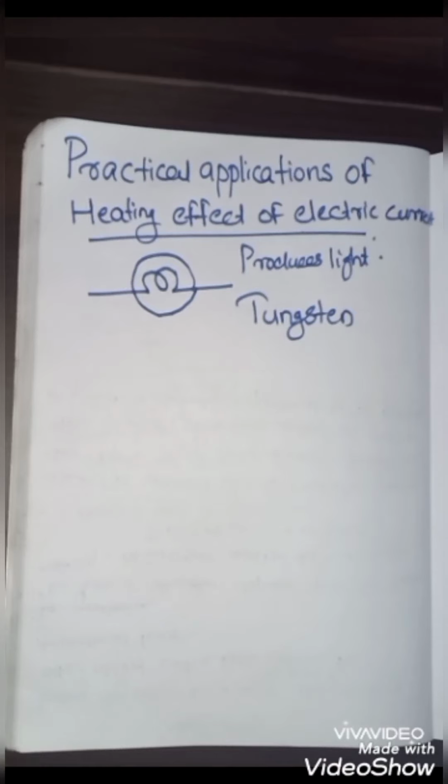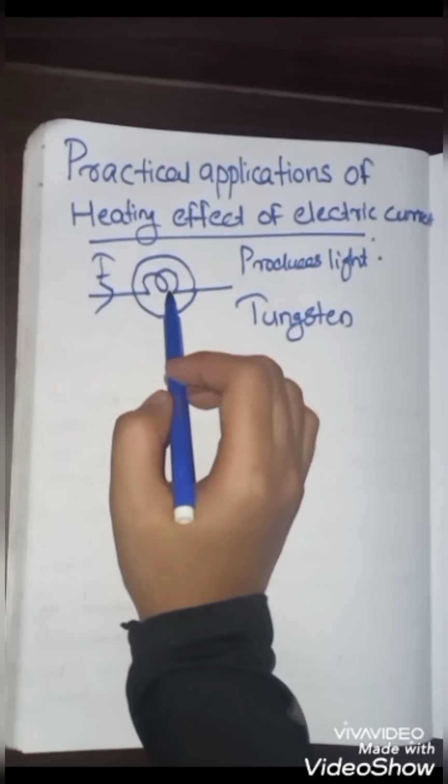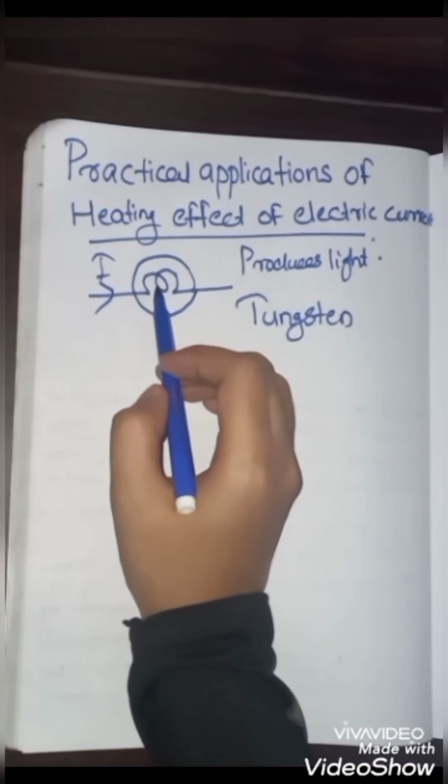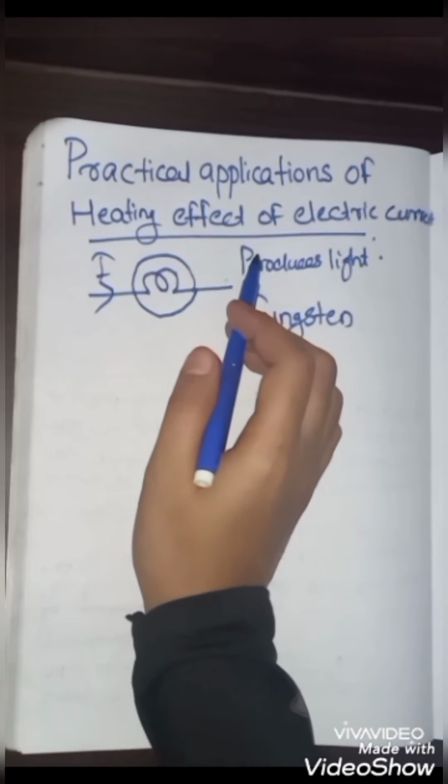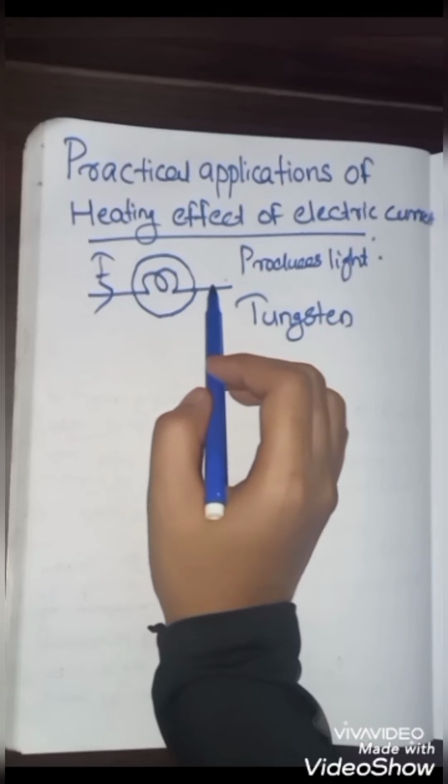Then how is the heating effect of electric current related to the electric bulb? Yes, this heating effect of electric current is used in the electric bulb. Current will flow through this, and this filament acts as a resistor.